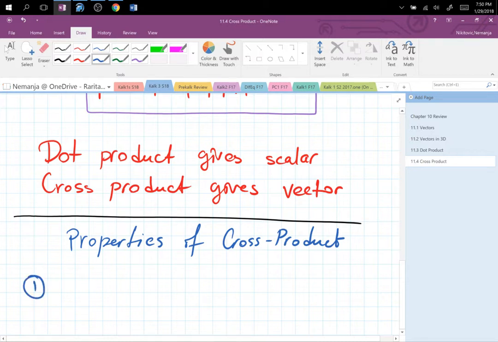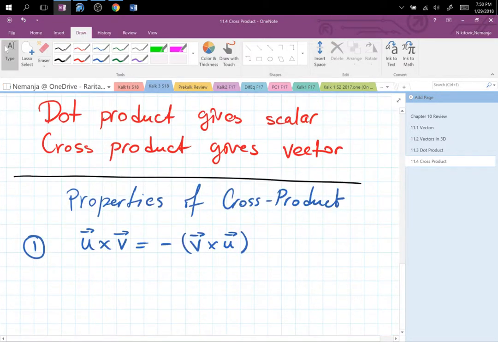Number one, it's not commutative, but it's so close to being commutative, we just have that minus sign there. So u cross v is negative v cross u. We've seen that from the example we just did. Clearly that's not a proof. The proof is when you work out the matrix on 2 pages, right?